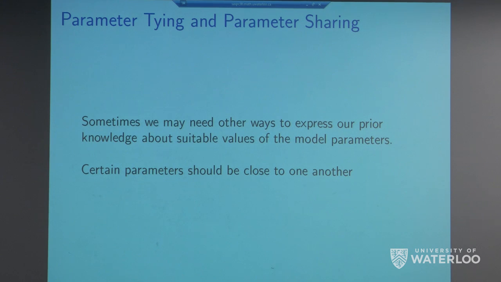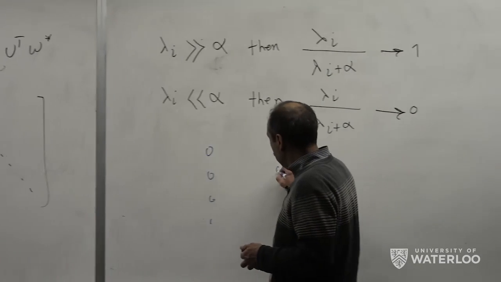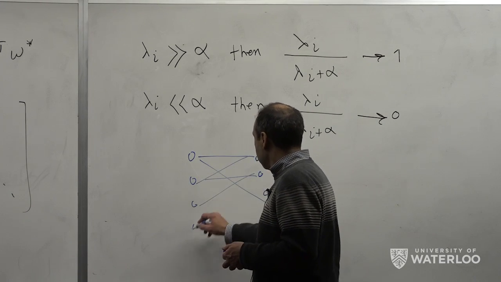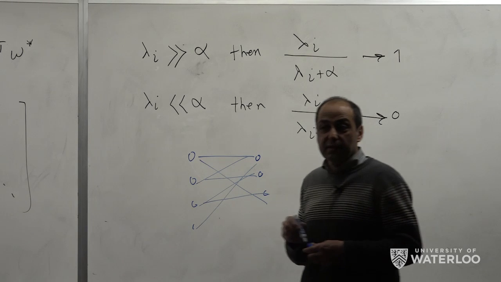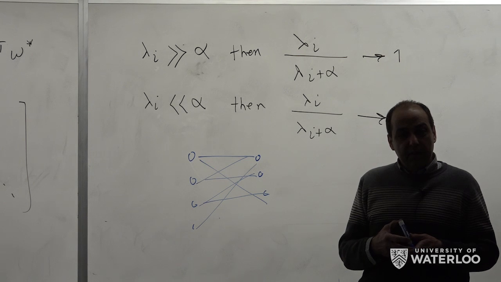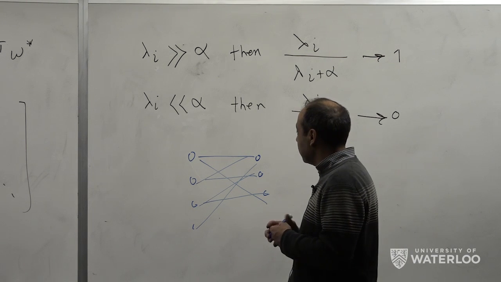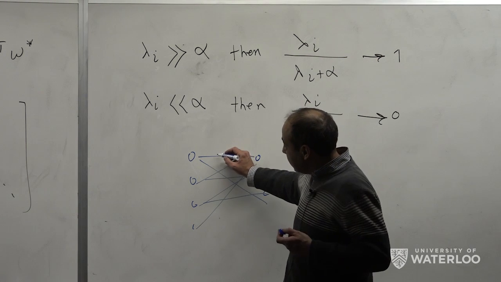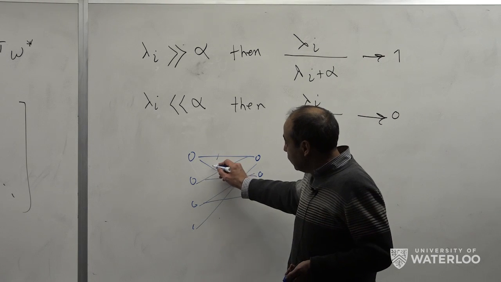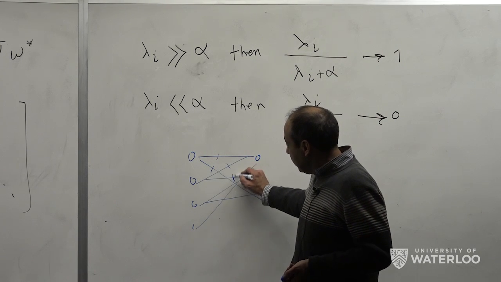Another way is parameter sharing. If I have m nodes here and n nodes here, then there are m times n parameters or weights. I can make some restriction on the structure of this network to make sure that some of these weights are exactly the same. I want to make sure that these two weights are the same, these two weights are the same.